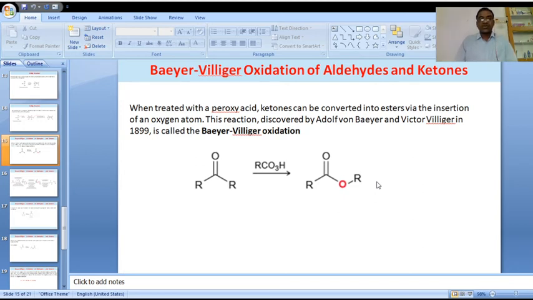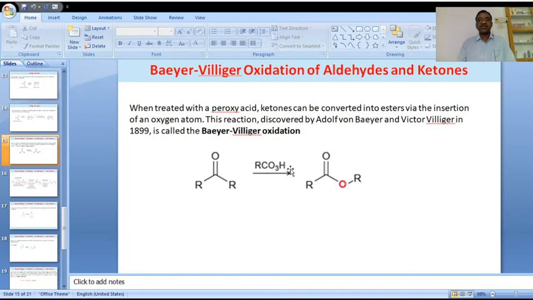Now let us go to the Baeyer-Villiger oxidation of aldehydes and ketones. Baeyer-Villiger oxidation. When treated with peroxy acids, this is the peroxy acid RCO3H.